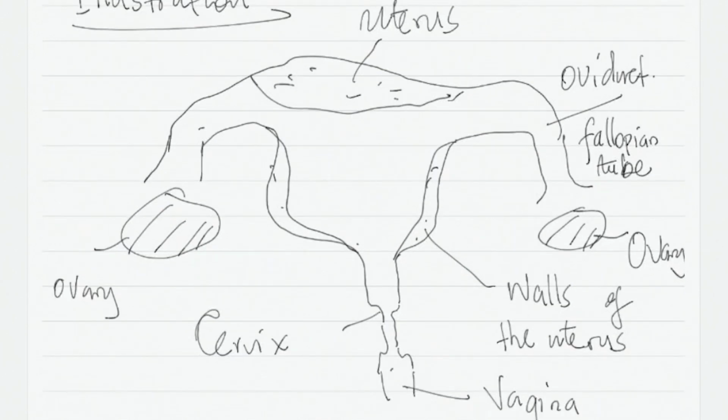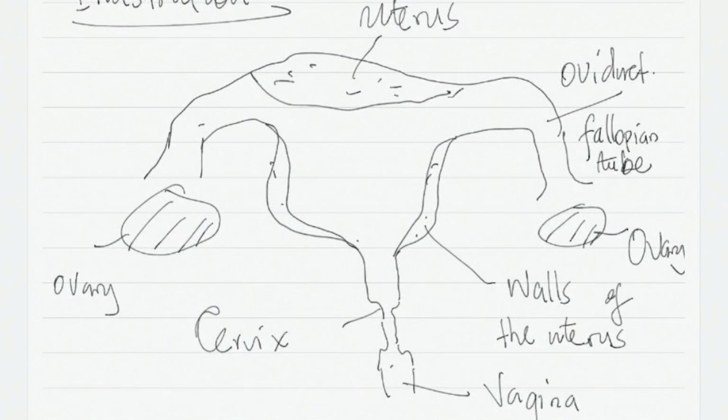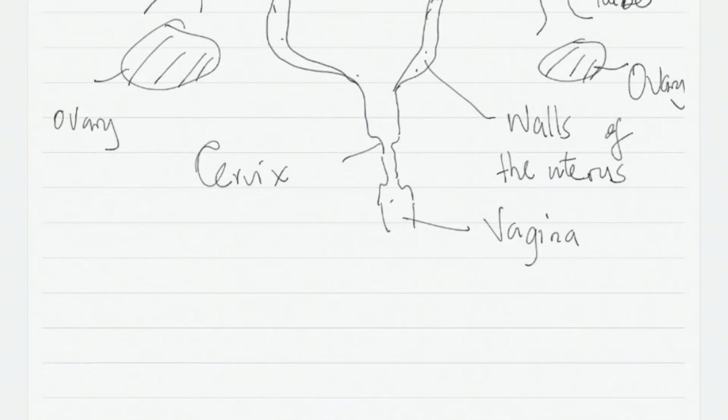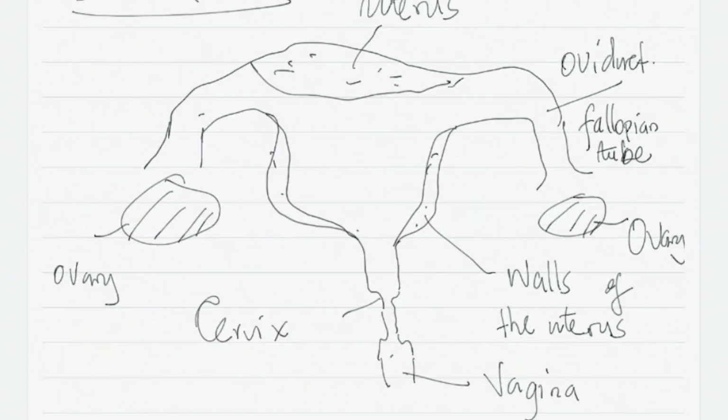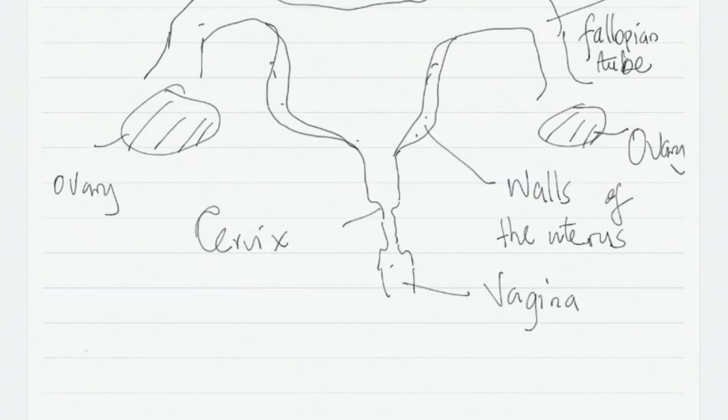Okay. Now, we need to look into these parts in detail and find out what functions they perform in the female reproductive organ. We'll begin with the oviduct.